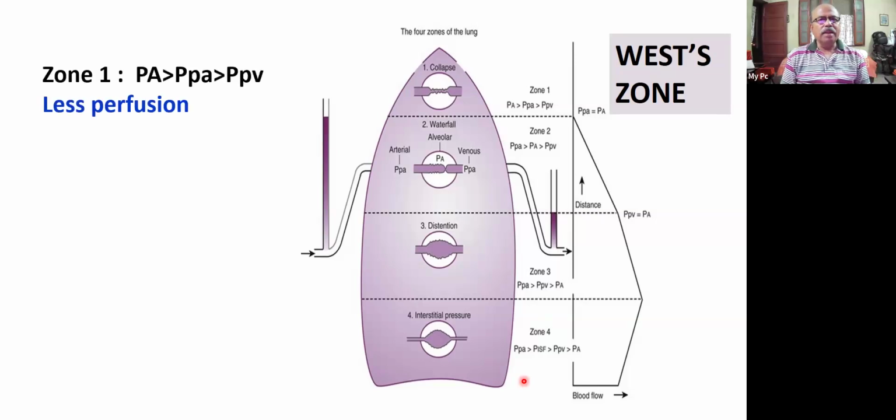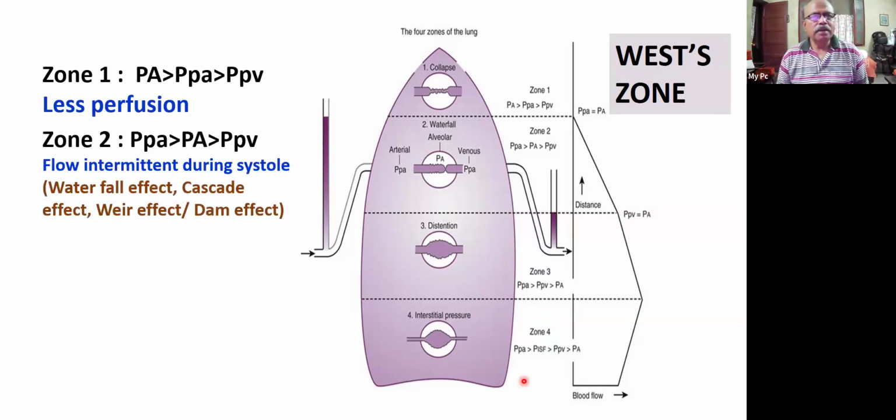Zone 1 is the area where the pulmonary arterial pressure is less than the alveolar pressure. We actually do not get so much of zone 1, but we can create zone 1 by increasing the alveolar pressure or diminishing the pulmonary arterial pressure.